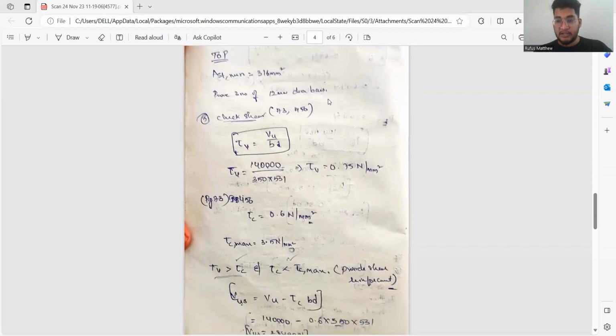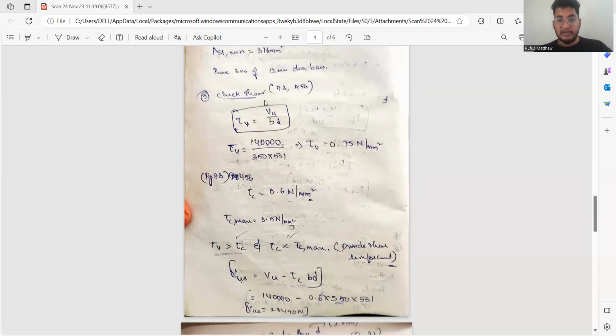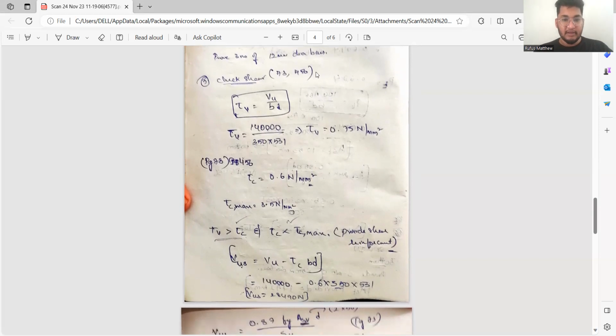Till here the fourth step is over. Now we'll go on to the fifth step, check shear, which we'll find on page number 73 in IS 456 as well.